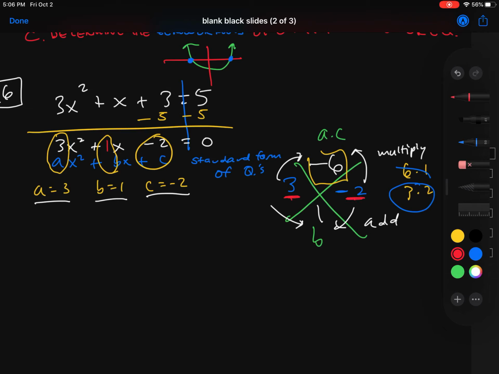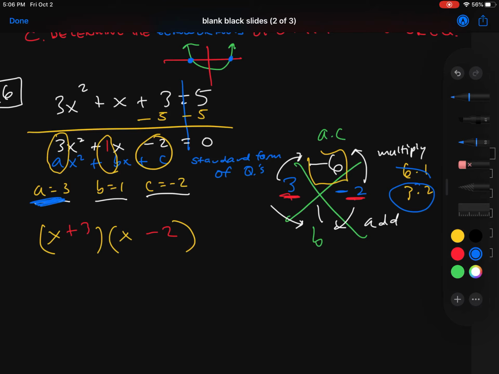Now, question, should I put them in parentheses that look like this, +3 and a -2? Think in your head, yes or no? The answer is no. Here's the reason why.